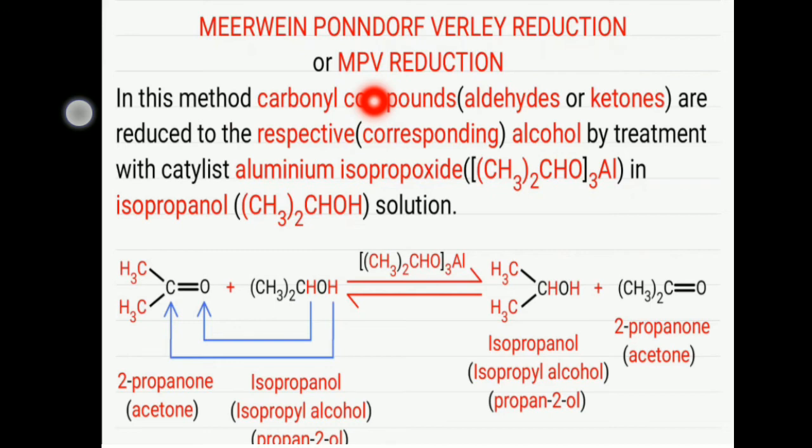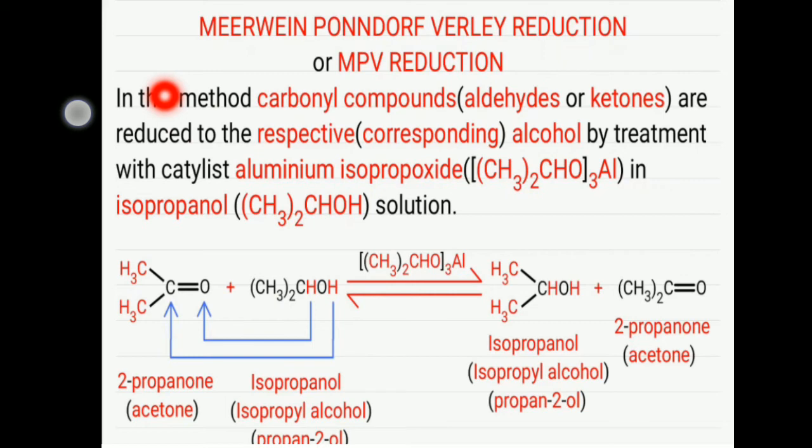Our ketone, acetone, is converting into the alcohol, isopropyl alcohol. That means the ketone is undergoing reduction. That is why we call it the Meerwein-Ponndorf-Verley reduction, because of isopropyl alcohol.